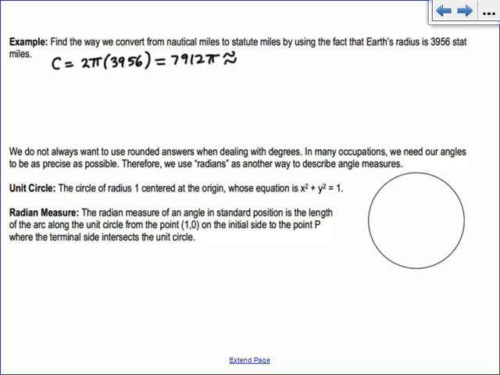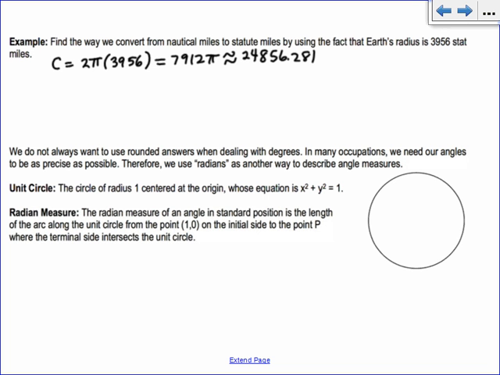You can find 7,912 pi, or if you multiply it out, you get 24,856.281. You can store that if you need it, just in case. And what we're doing is we're finding 1 minute of 1 degree.